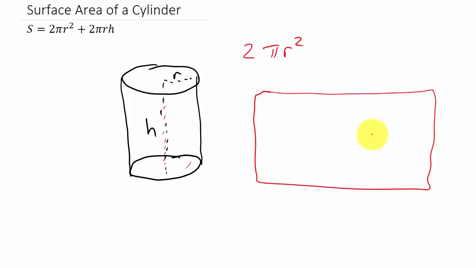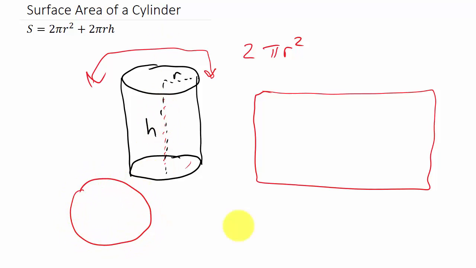Okay, well, the cylinder is in the shape of a circle. So let's take a look at this cylinder from the top, like we're looking down on it. We're going to see a circle, right? So what's the distance around the cylinder? Well, it's the distance around a circle, which is the circumference.